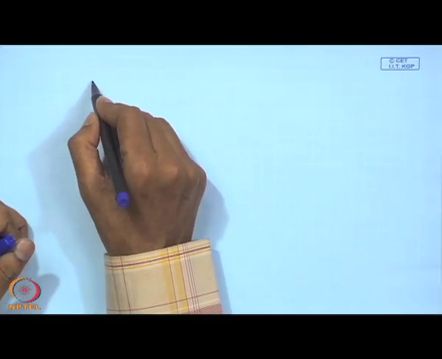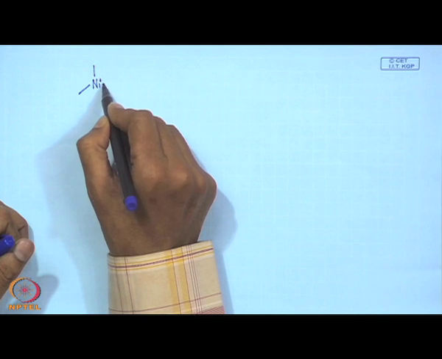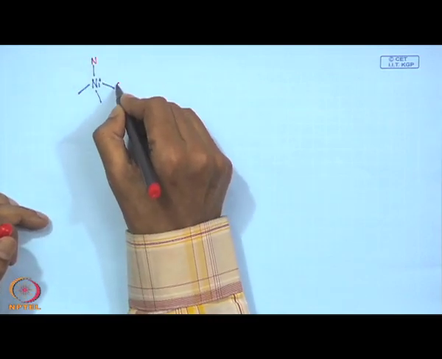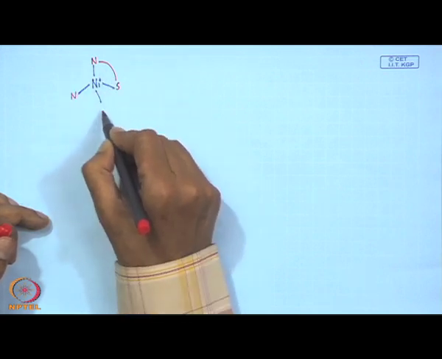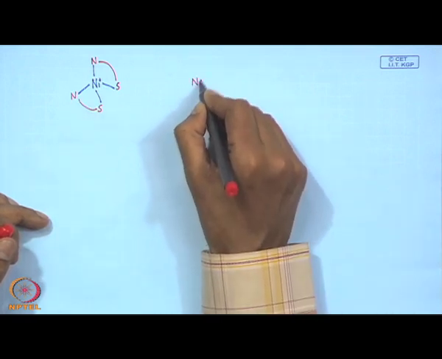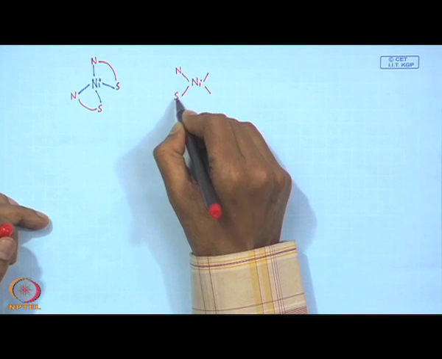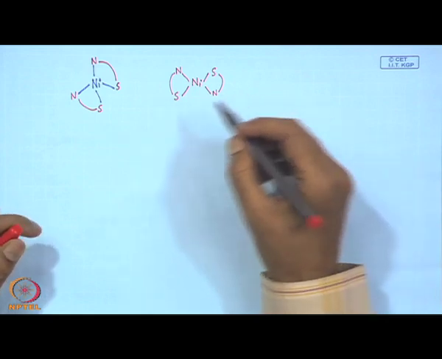So, if we just consider the tetrahedral one, we can have the same ligand that we are utilizing, the pyrazole dithiocarbamate. If it is square planar, it is a trans one; it can also be the cis variety.